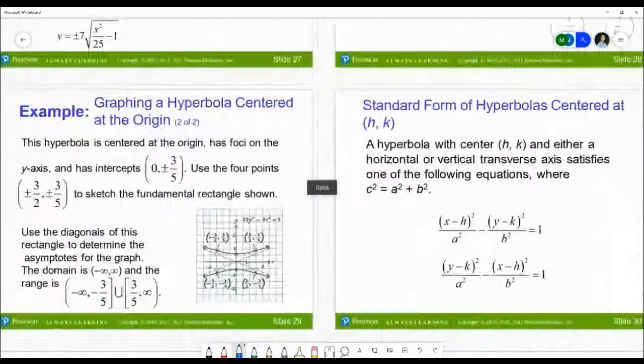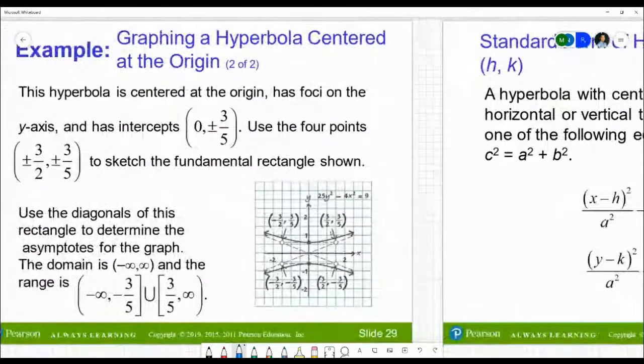So you see here the hyperbola opens up and down. Our values here: we have 3/5 for the y-axis, and negative 3/2 and positive 3/2 for the b value.